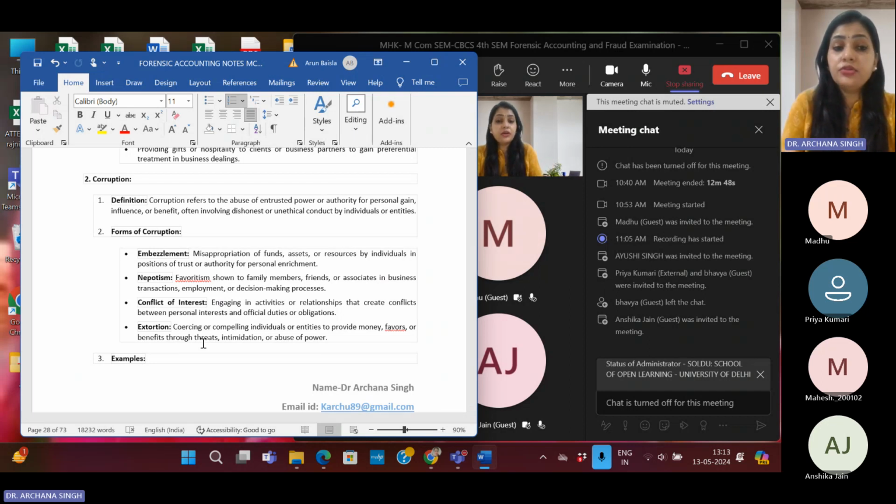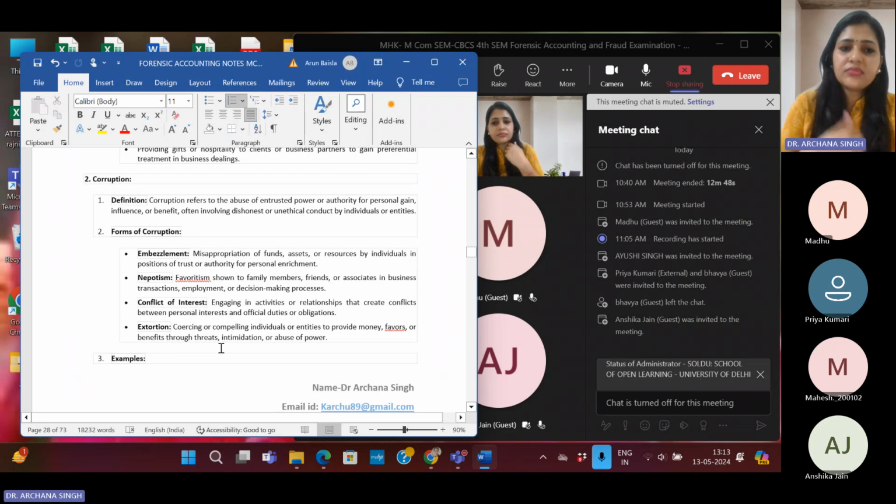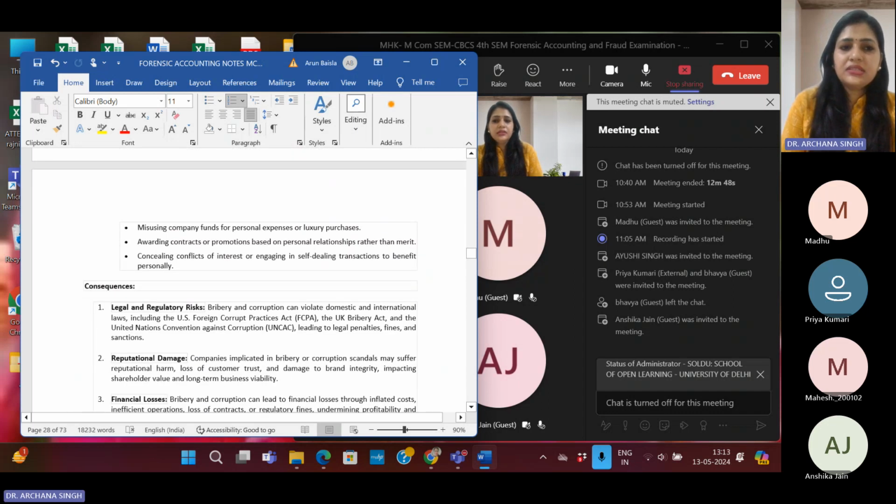By showing your power, you are threatening the employees to provide some form of information, or compelling them to steal important information. Okay, so this is extortion. These are examples like misusing company funds, awarding contracts or promotions based on personal relationships, concealing a conflict of interest, and engaging in self-dealing transactions to benefit personally.